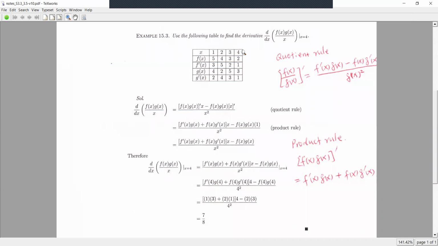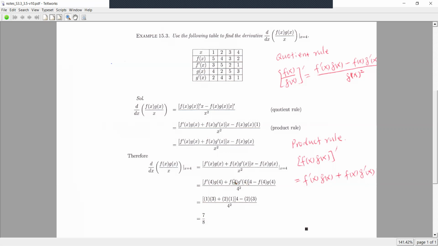When x is 4, the value of f derivative is 1. So this is 1. For g of 4, the fourth row of the table is for g. When x is 4, the value of g is 3. So g of 4 is the number 3.